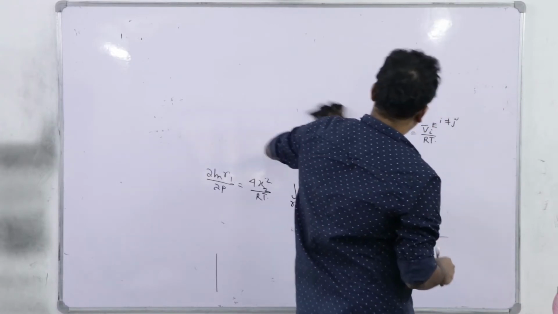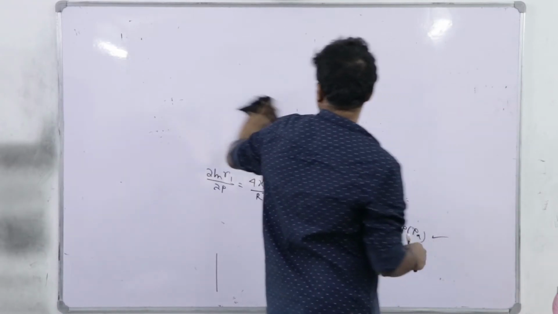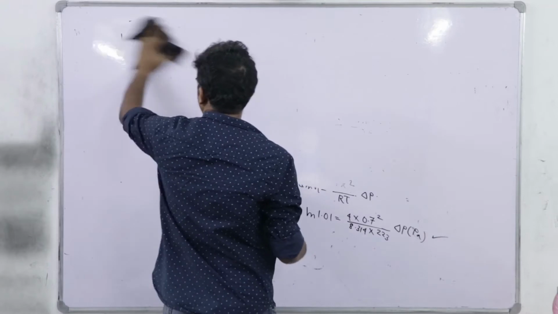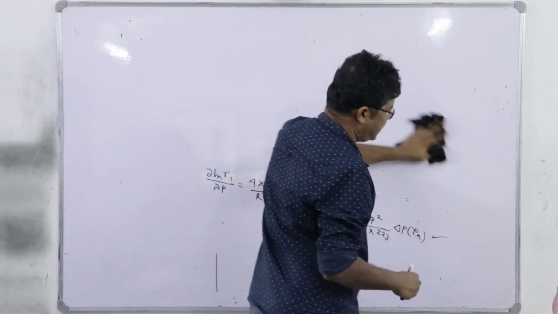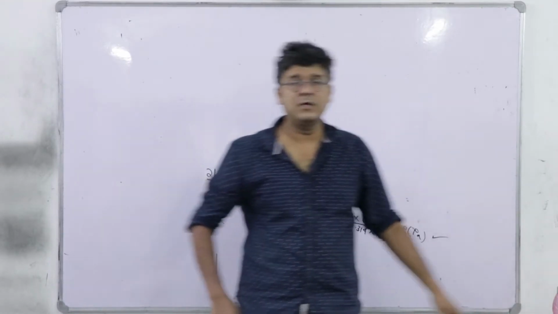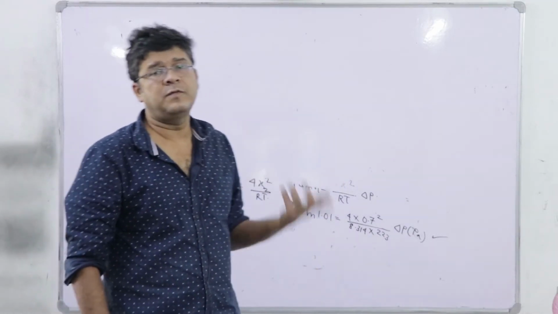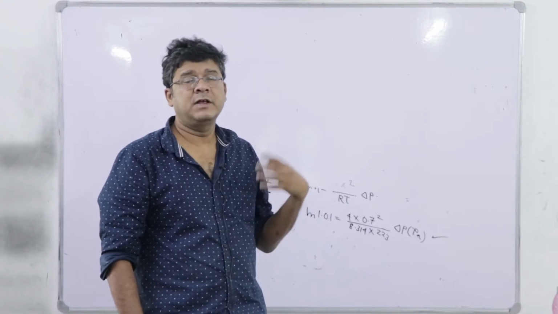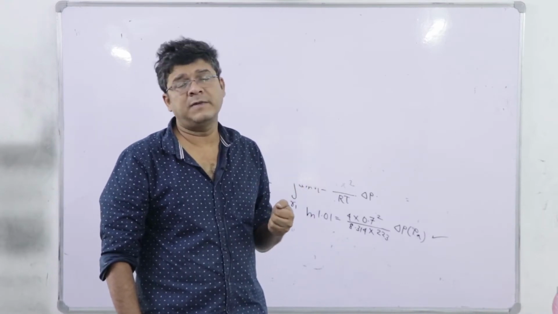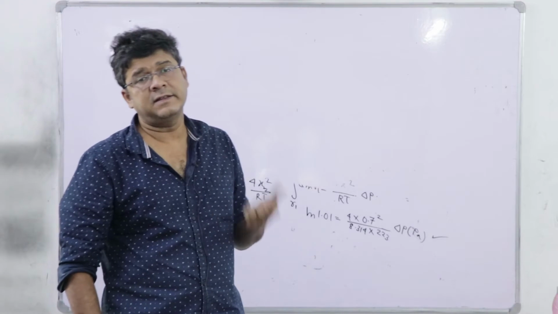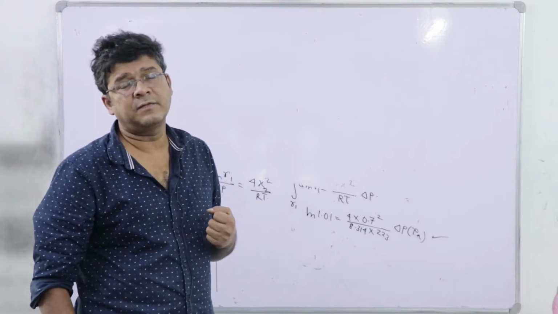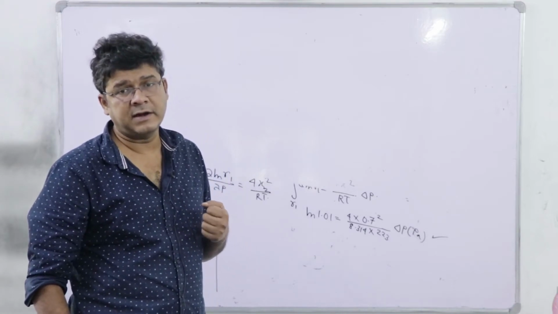So you see, the change of the activity coefficient with respect to pressure becomes V i bar E by RT, and with respect to temperature, in the second case, it is minus H i bar E divided by RT squared.